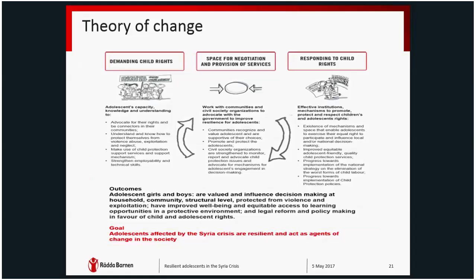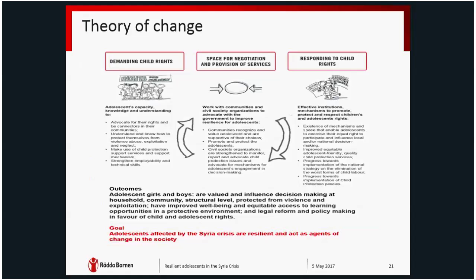So it gives the intermediary changes that we need at this level. In terms of space for negotiations and provision of services, we have working with communities and civil society organizations to advocate. So this is the middle level, where is there a space to provide that? Is there a mechanism or a space to connect the two together?